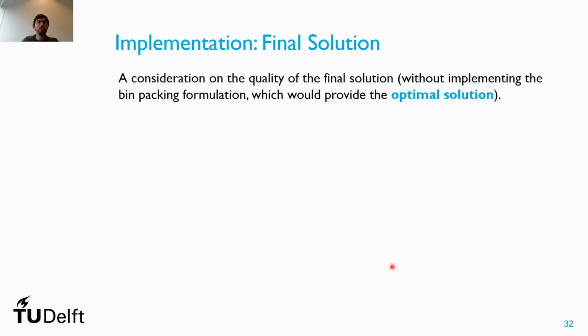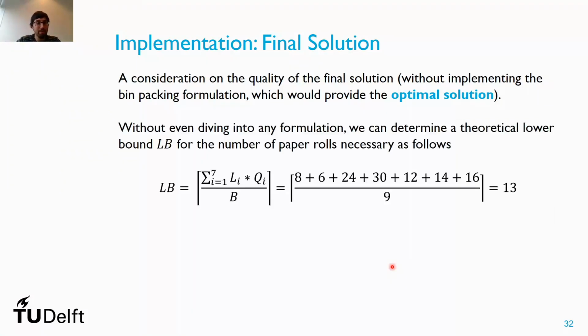And a final note on the quality of the solution. Now we are just disregarding any formulation, okay? So can we compute a lower bound regarding the number of bins or paper rolls we need? Actually, yes, because if we sum all the lengths of all the pieces we need to cut, and we divide it by the length of a single roll, and we use the ceiling operator, we get 13. This is the length of all the pieces of length 2 we need.